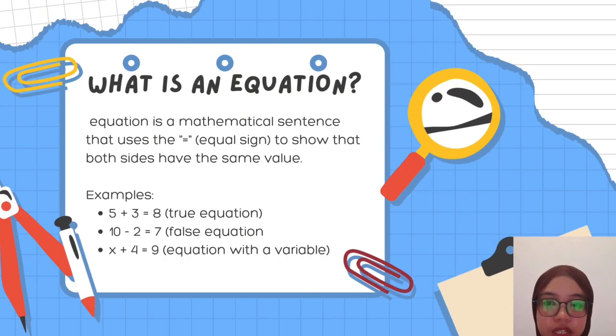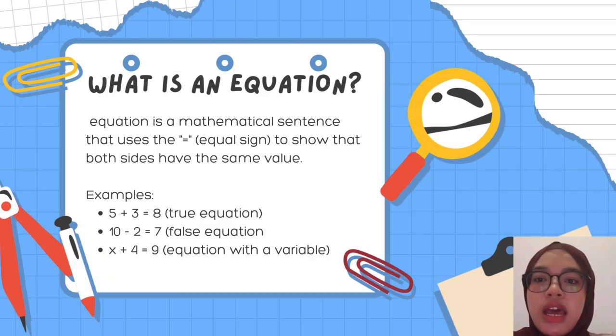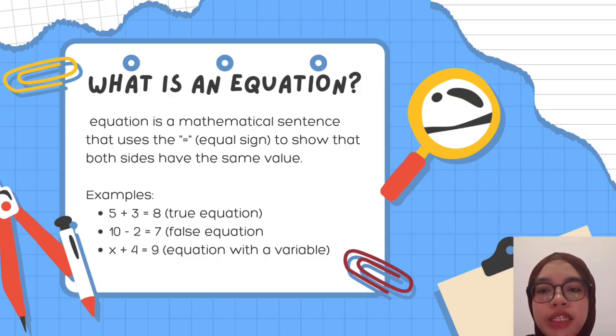What is an equation? An equation is a mathematical sentence that uses the equal sign to show that both sides have the same value. For example, 5 plus 3 equals 8. That's a true equation.